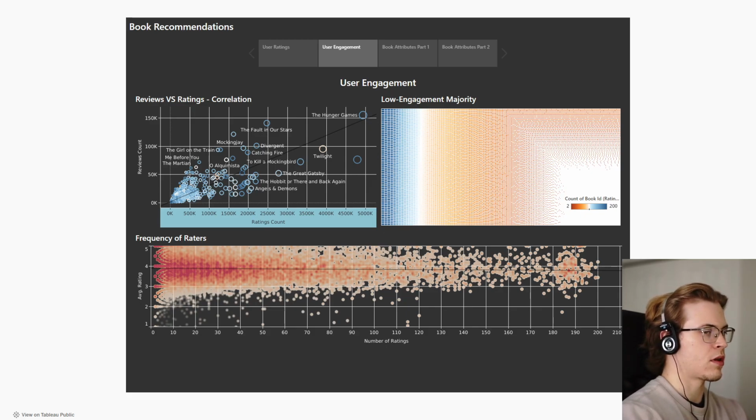This actually is relevant because it raises a common problem with building recommendation systems called the cold start problem. And essentially what this means is it's hard to provide good recommendations to users who are low engagement, who haven't shown preferences and haven't rated enough books.